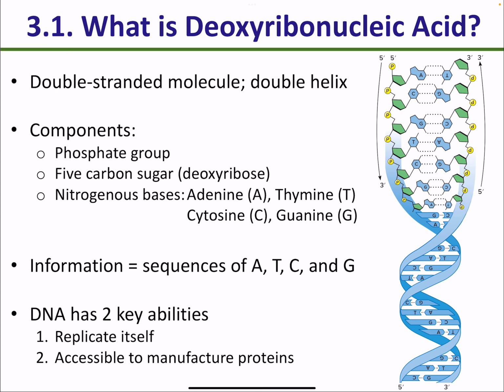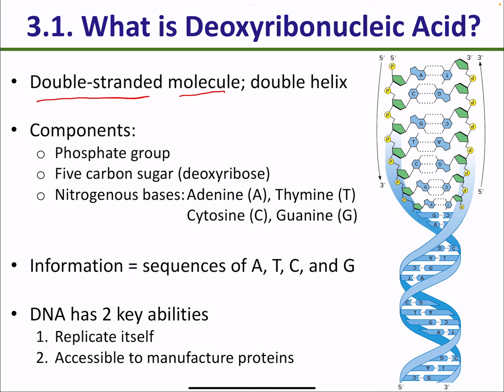Now, let's take a look at DNA and let's take a look at the structure and the function of that DNA. Now, DNA stands for deoxyribonucleic acid. I want you to remember that. DNA is a double-stranded molecule. Why double-stranded molecule?